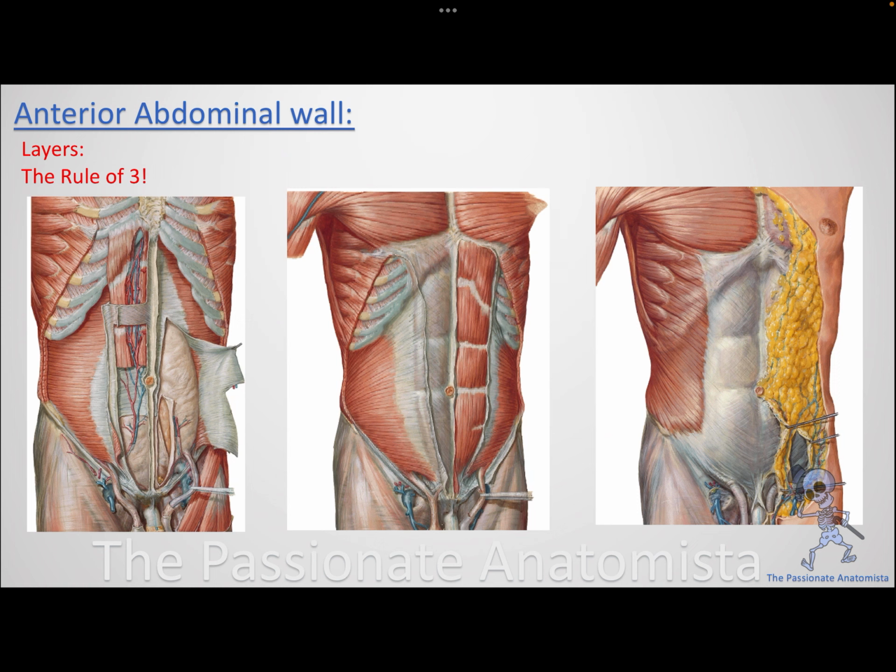So if you guys look at a diagram showing you these layers, you will find the skin, the superficial fatty layer, which is the Camper's fascia, and the Camper's fascia, guys, is continuous all the way down with the fat in the perineal region and the fat of the thigh. And then you have the third layer, which is the Scarpa's fascia.